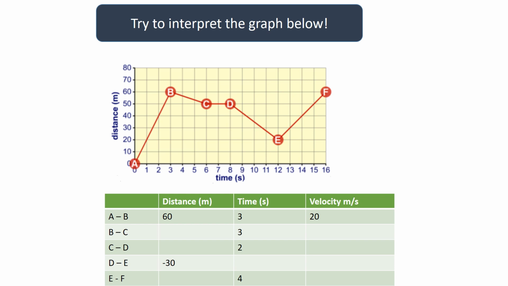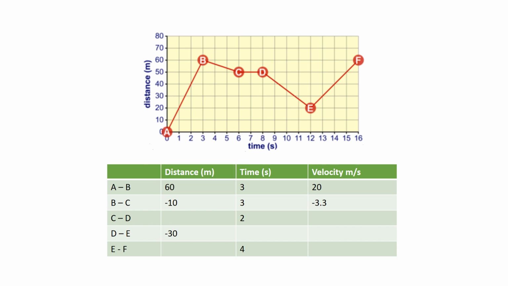So, pause this and try to work out the values from the table below. So, here we go. B to C, 10 metres divided by 3, velocity of -3 because it's going back.